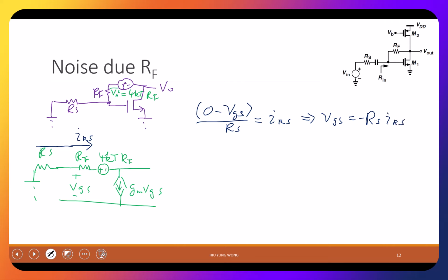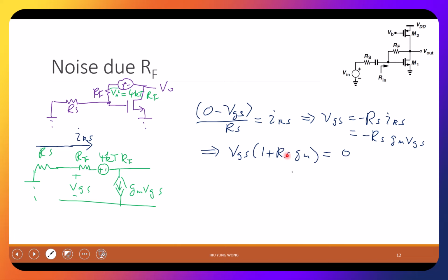Okay? But what is IRS? IRS also equals to GM VGS. Because this IRS goes here, you have no way to go, right? So I'm saying that we can do this. Then we have VGS times (1 plus RS GM) equals to 0.